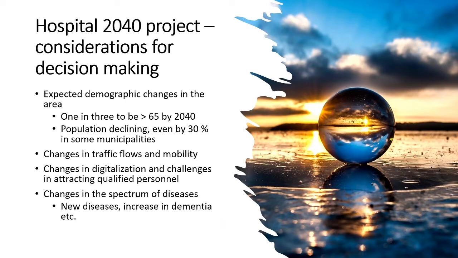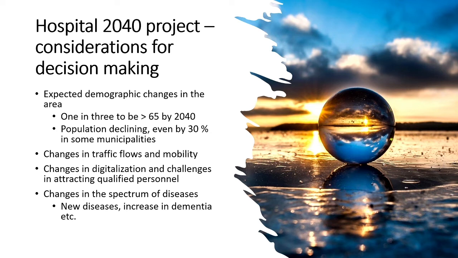In this project, they also have to consider expected socioeconomic changes as well as climate changes, such as expected demographic changes in the area. For example, 1 in 3 is expected to be over 65 by 2040 in the region. Population is declining by even 30% in some of the municipalities.